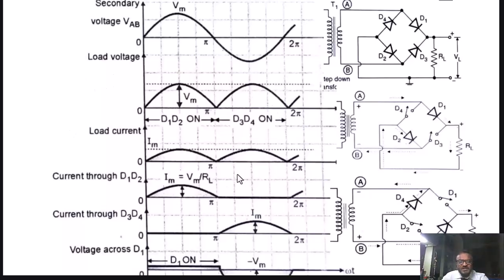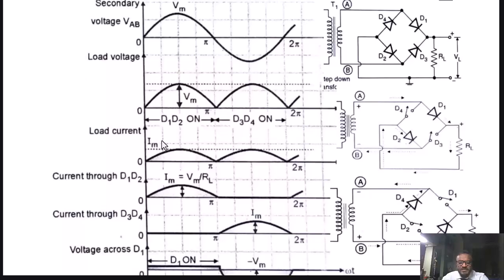Now let us consider the current waveform. If the voltage waveform is denoted by Vm sin of omega t from the interval 0 to pi, then the current waveform is similar because the load is resistive, and it is given by Im sin of omega t, where Im is Vm divided by the loop resistance, that is the resistance of the secondary winding plus the resistance of the two diodes, say D1 and D2, so that is twice Rf, and the load resistance.